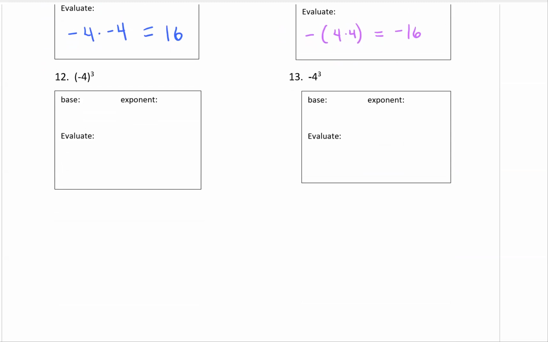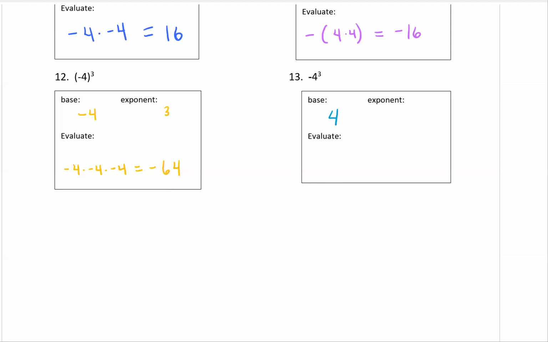Number 12. What is in parentheses is the base. So the base is -4. The exponent is 3. That means we have -4 times -4 times -4. And when we multiply those together, we get -64. Number 13 is the opposite of 4 cubed. The base is 4.